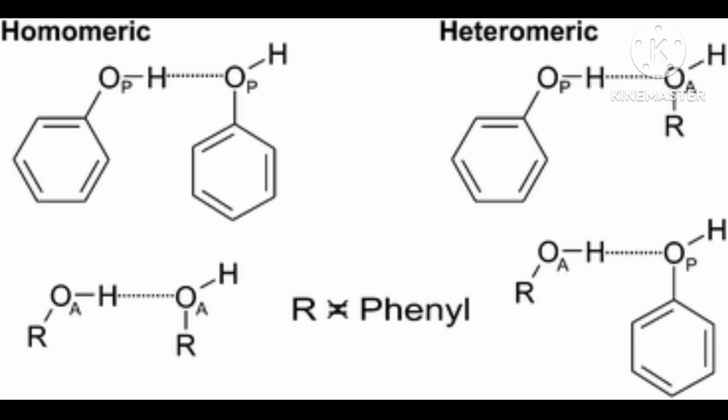Its molecular mass is 46, but its boiling point is less, 248. So both ethanol and methoxymethane have molecular mass 46, but the boiling point of ethanol is more. The boiling point of ethanol is 351, but here it is 248, and this is happening due to hydrogen bonding in ethanol.